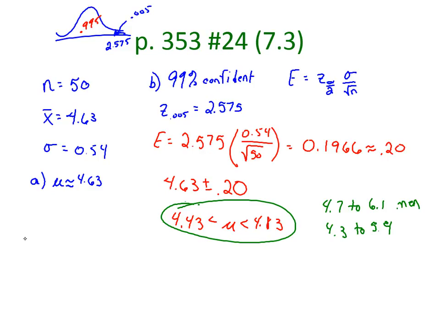And then you can calculate. It's going to give me my confidence interval, which is saying we're 99% confident that the true value for the population mean, not even just the sample mean you already know, we're trying to take the sample and tell something about the entire population, is somewhere between 4.43 and 4.83.